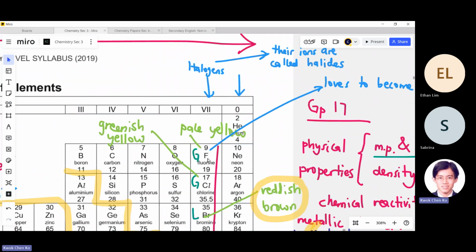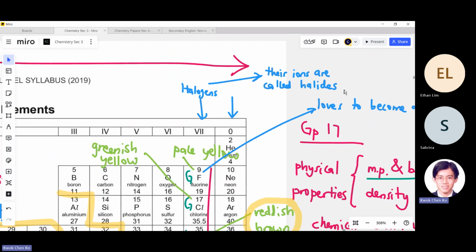So fluoride, chloride, bromide, iodide, astatide, they are all halides. Make sure you know this term. The halogens refer to their elemental forms.